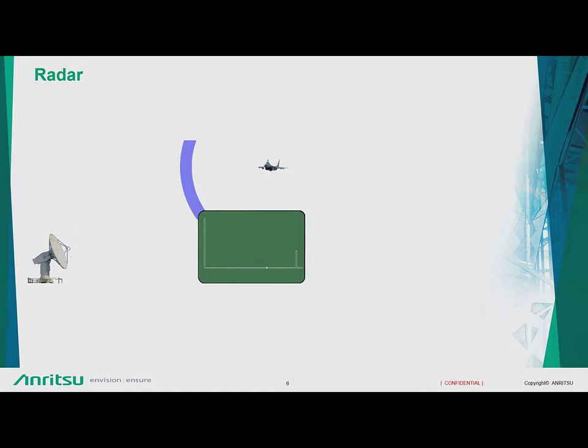When these reflections come back to the TX-RX system, you can see that there is an echo, right? This is how defense people see how far a particular object is.